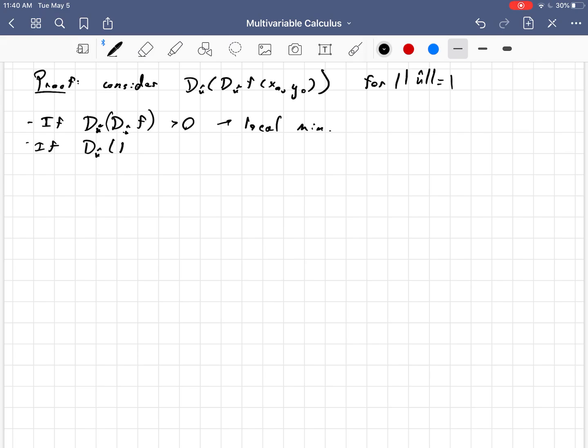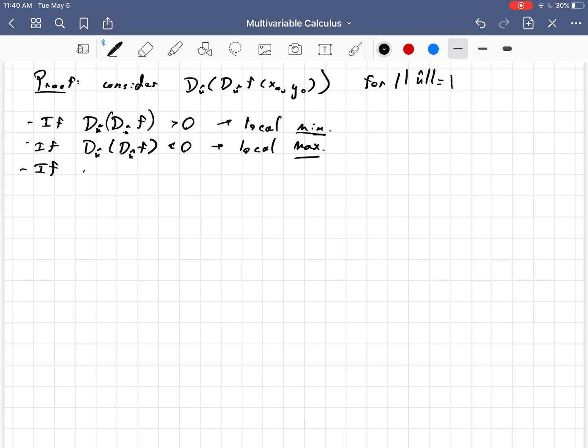And very similarly, if d sub u of d sub u of f is less than 0, then we're going to have concave down in every direction, and so therefore we'll have a local maximum.